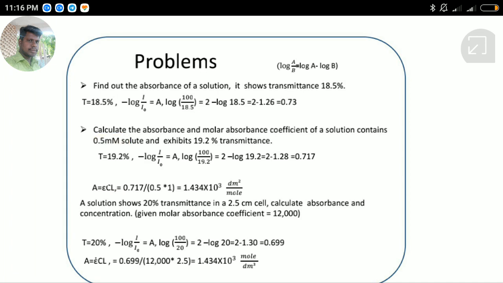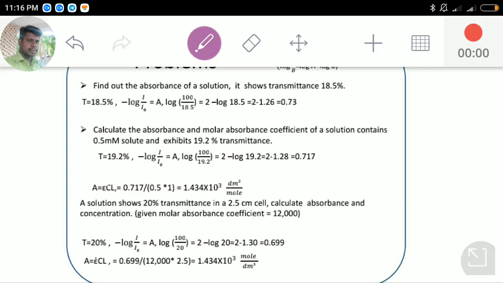C is given, 0.5 millimoles, and L is not given, but we have to assume that it is 1 centimeter. So we substitute the value in the equation. We have to rearrange this equation: epsilon equal to A by C L.